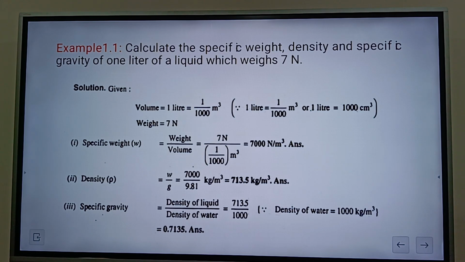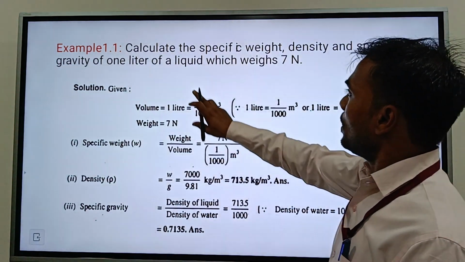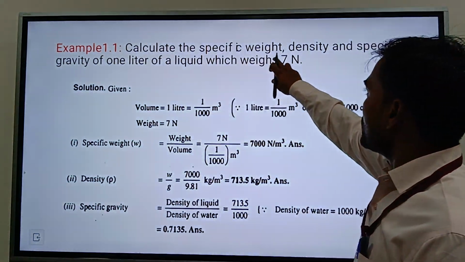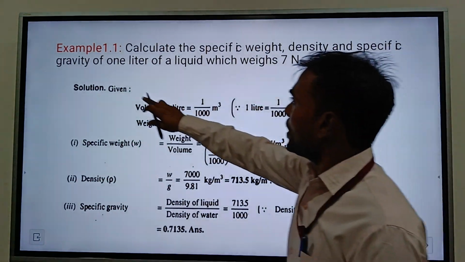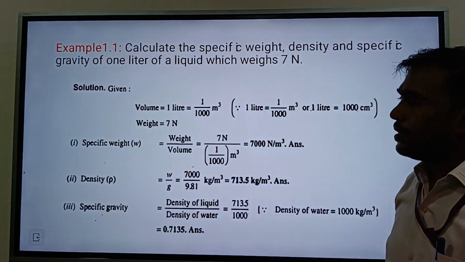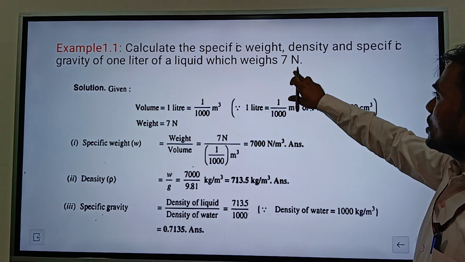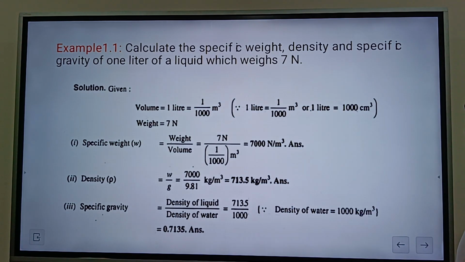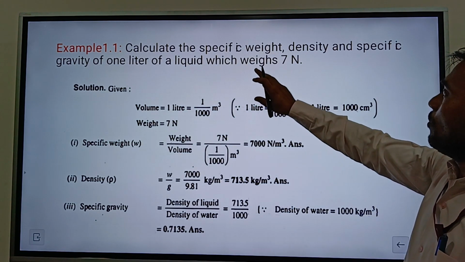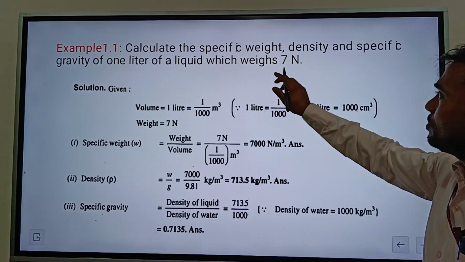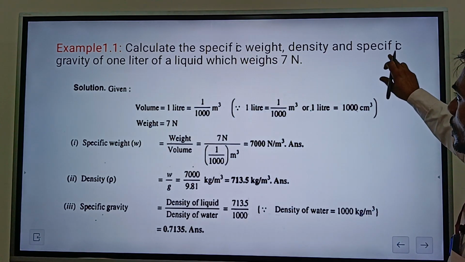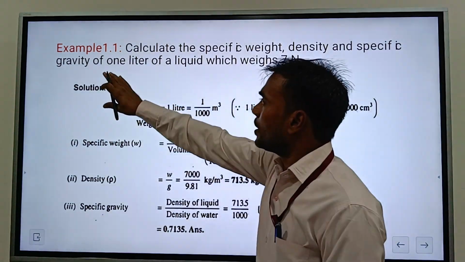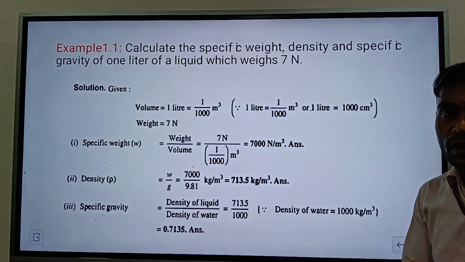Now let us see a basic example based on the previous definitions. In this example, calculate the specific weight, density and specific gravity of 1 liter of a liquid which weighs 7 Newton. Means in this problem we have to calculate the specific weight, density and specific gravity of 1 liter of liquid.